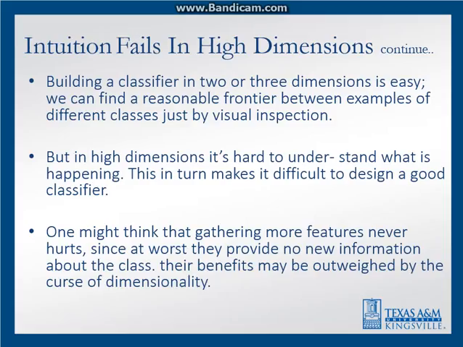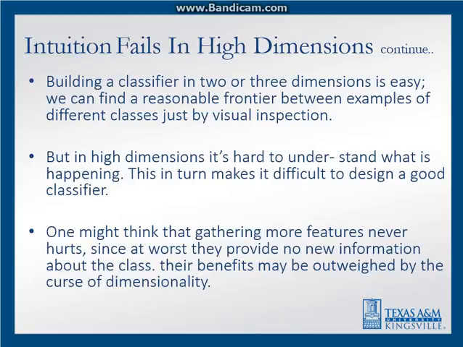The second topic is intuition fails in high dimensions. Building a classifier in two or three dimensions is easy. We can find a reasonable frontier between examples of different classes just by visual inspection.